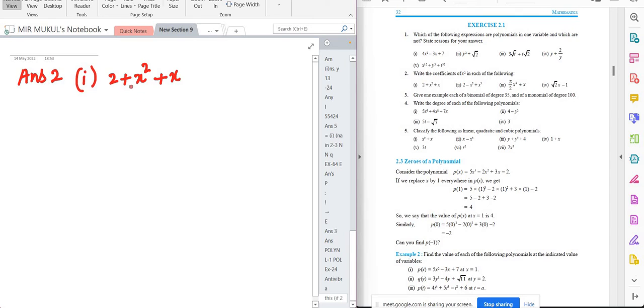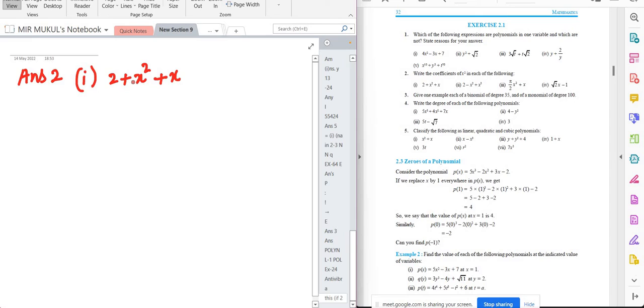Which term contains x squared? If you observe the second term, x squared is given. So what number is in multiplication with x squared? Can you say, Akshara?